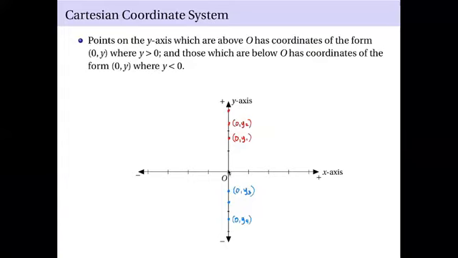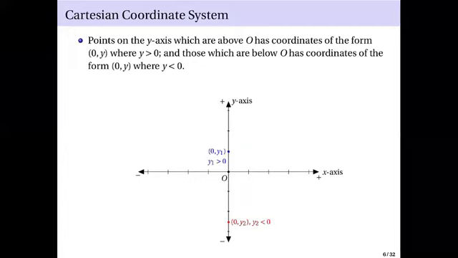So all the points below the origin and on the y-axis have coordinates of the form 0, comma y, where y is less than 0. So for instance here, 0, comma y1, y1 is positive. Here 0, comma y2, y2 is negative.